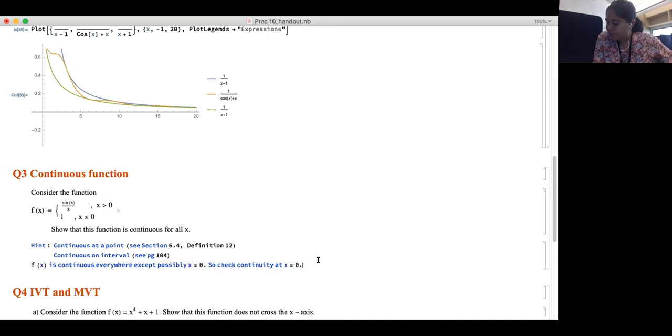In definition 12, it says f is continuous at a point if f is defined at that point, the limit as x goes to the point of f(x) exists, and then the limit as x goes to the point of f(x) equals f(a). Okay, do all those continuity conditions match?